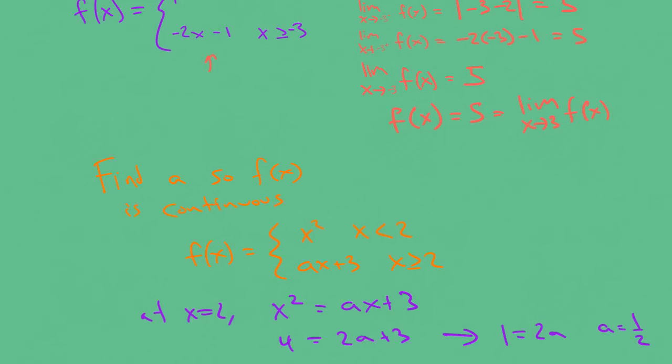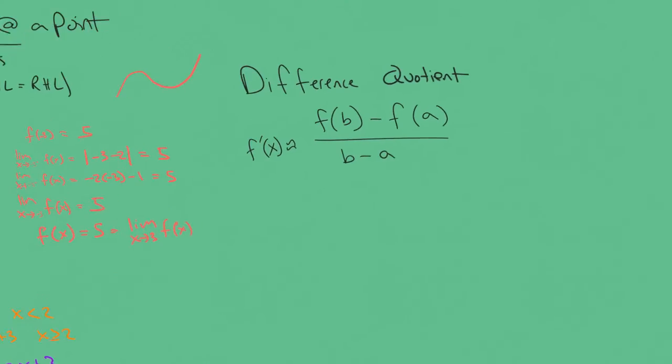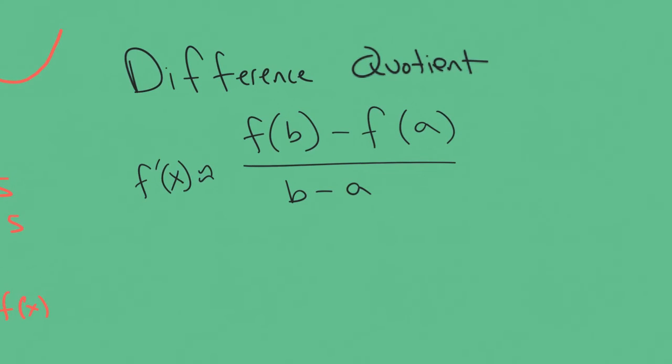What else? We are going to see a problem that asks about the difference quotient. The difference quotient is a way to estimate the instantaneous rate of change. We could do a left-hand estimate, a right-hand estimate.